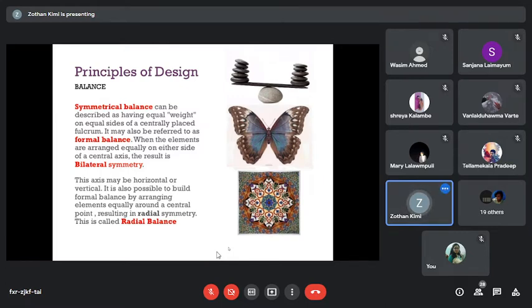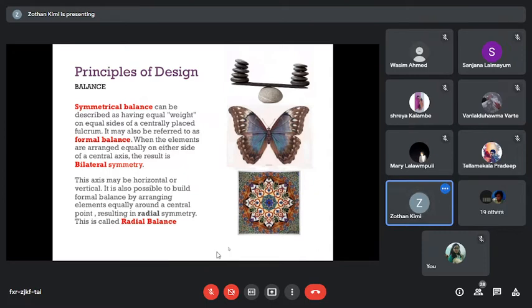The way the minarets are kept, even the dome, if you cut it right in the center, it's all symmetrical. So those are the kind of architecture or art form that has a symmetrical balance. When we put exactly equal weight on the two sides of an imaginary line cut across the center vertically or even horizontally, that is called a symmetrical balance.